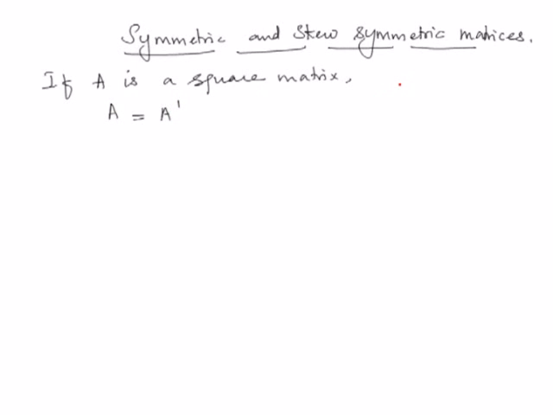If A is a square matrix and if A is equal to A transpose, then A is called a symmetric matrix.